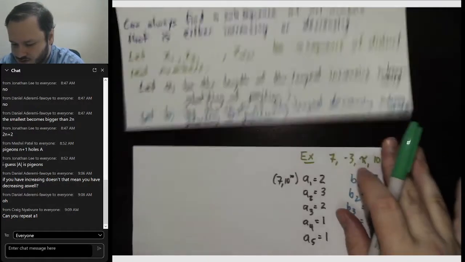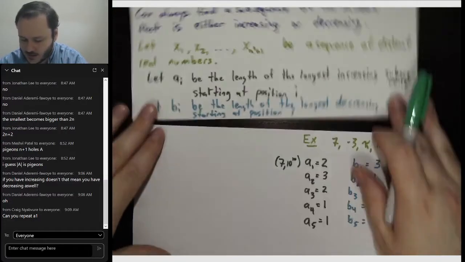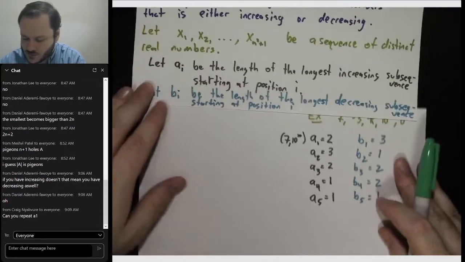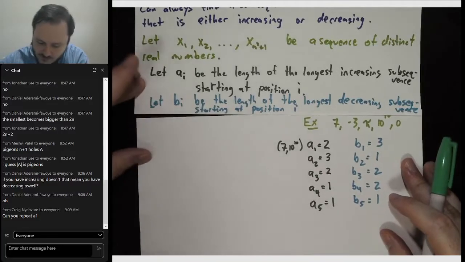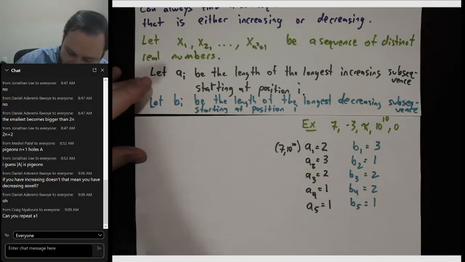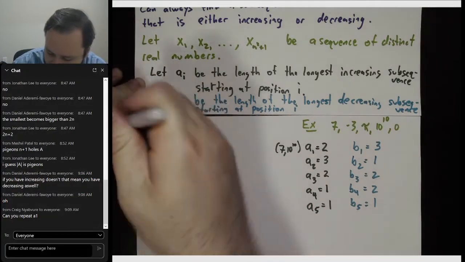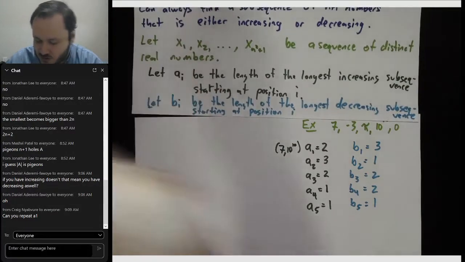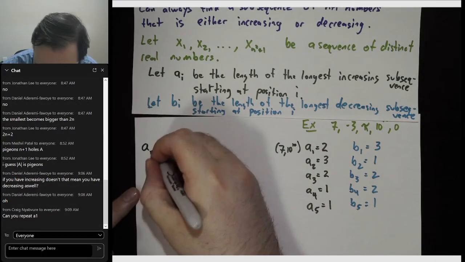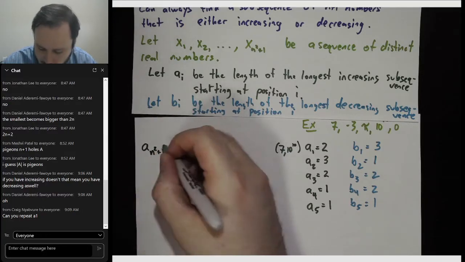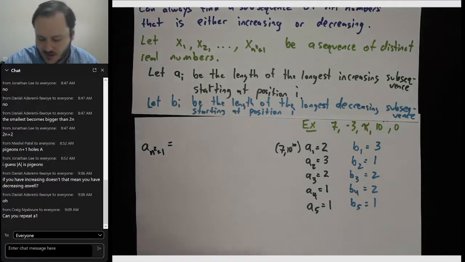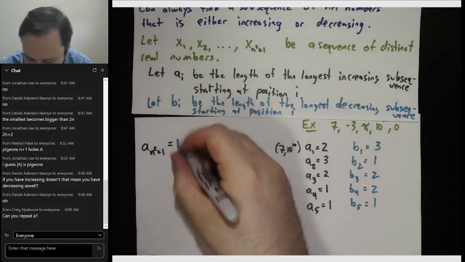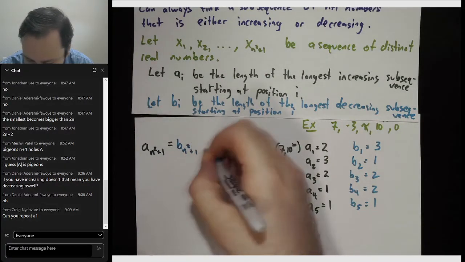So just as a quick check, to make sure everybody's understanding: what value do a sub n squared plus 1 and b sub n squared plus 1 always have? A sub n squared plus 1 is always equal to b sub n squared plus 1, is always equal to what?